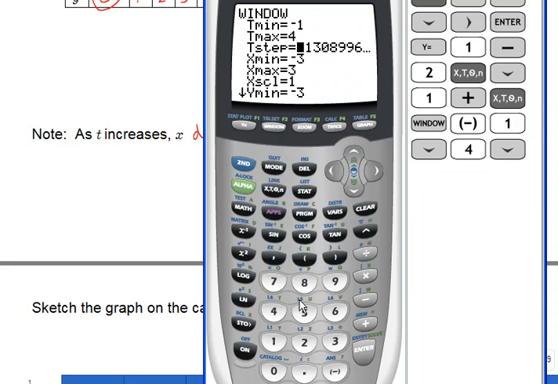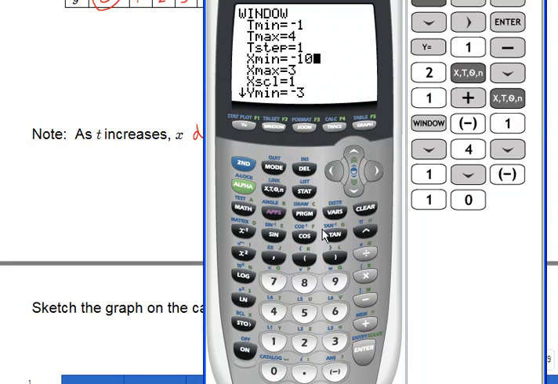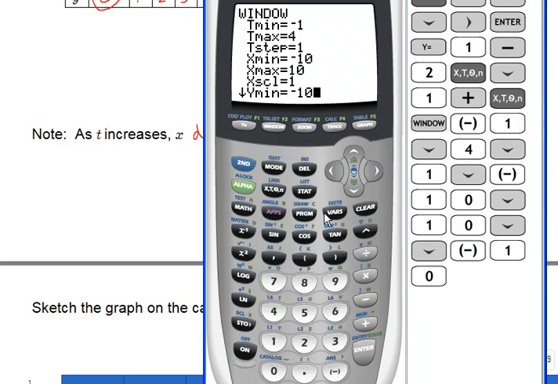And for my t step, let's just change it to 1, since in my table all of those t values went up by 1. And then for my x's, we had some x's that were a little bit smaller than -3. So let me just go ahead and make this -10 to 10 by 1s, and for my y's I'll do -10 to 10, and we can adjust this more if we need to.